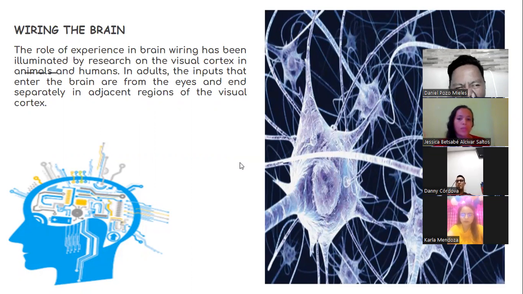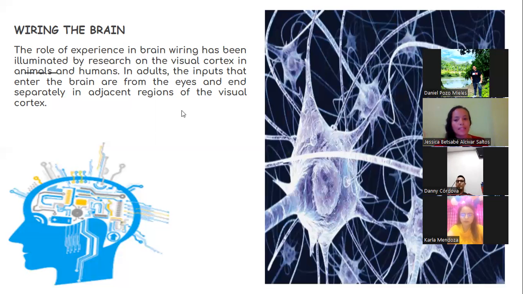It is important to know that in adults, the inputs that enter the brain from the eyes end separately in adjacent regions of the visual cortex. People are not born with this neural pattern, but through the normal process of sight, the brain orders things. The more persons interact with the world, the more the brain structure develops.